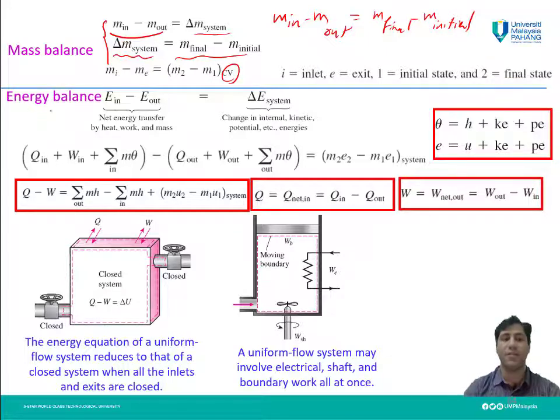And if we write the energy balance equation for an unsteady flow process, as usual, E in minus E out equal to delta E of the system. E in minus E out means net energy transfer by heat, work, or mass of the control volume, and delta E of the system is the change in the internal energy, kinetic energy, potential energy, or other types of energies of the system.